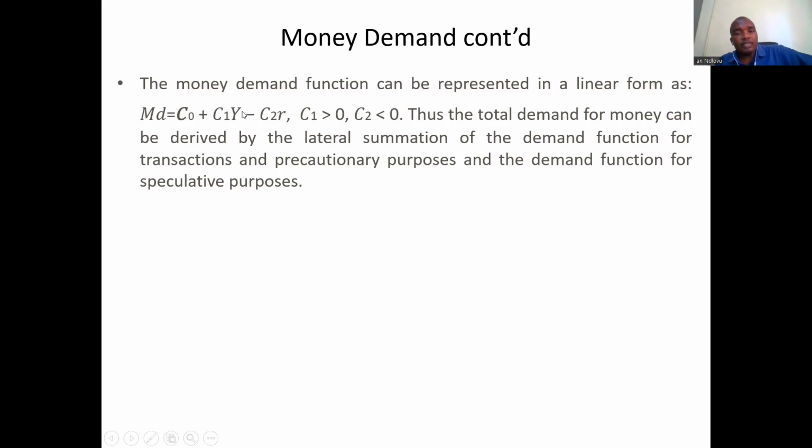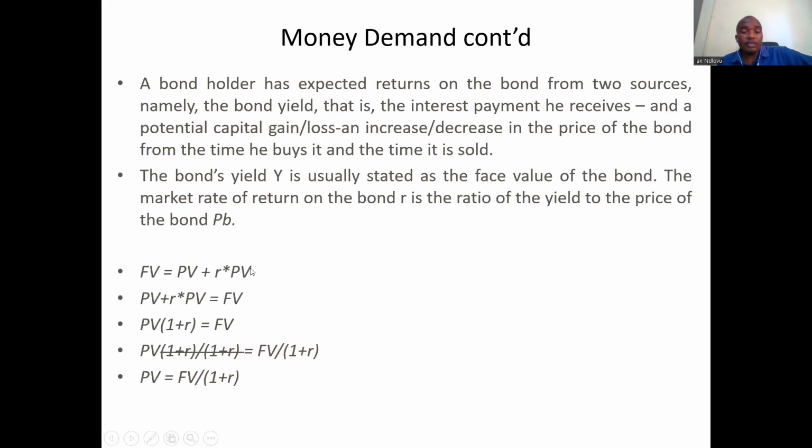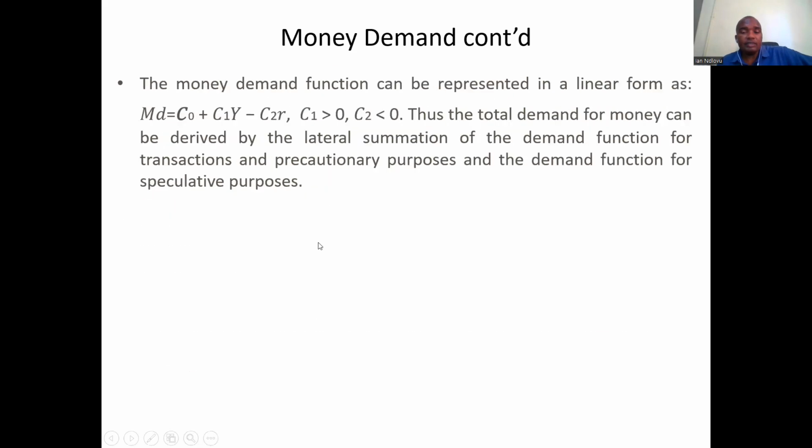We know as national income increases, people need more money to carry out increased transactions, and it's inversely related to the interest rate because of what I just developed on that slide. So C1 is greater than 0 and C2 is less than 0.